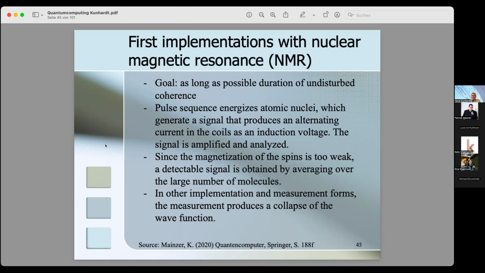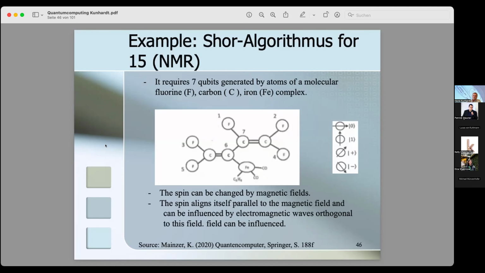That's the application of the algorithm to this nuclear magnetic resonance system. The problem is, how long could we hold the coherence in these clouds with this huge number of molecules? Unfortunately, in NMR technology, the coherence time is very, very short. So we need a lot of measurements, a lot of tries, in order to find a result.